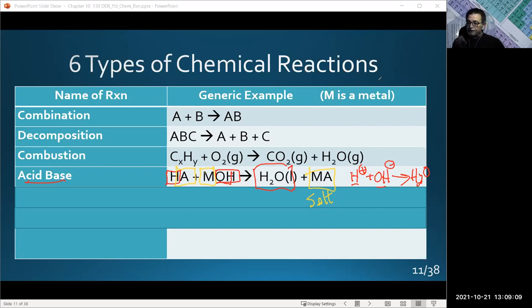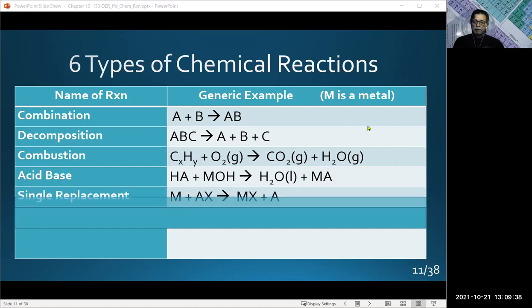Now, to balance these reactions, follow the proton and the hydroxide. Balance those first, and everything else will fall into place. So you balance the hydroxides and the proton and the water, and then the salts themselves will just balance themselves. Okay.